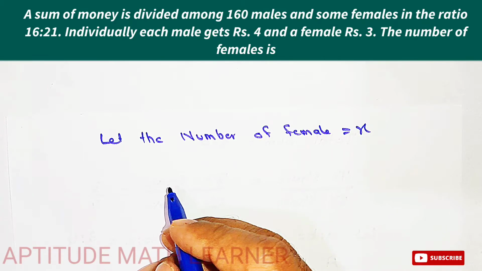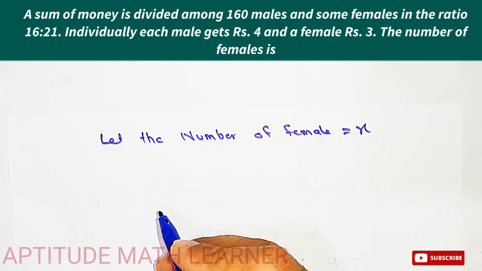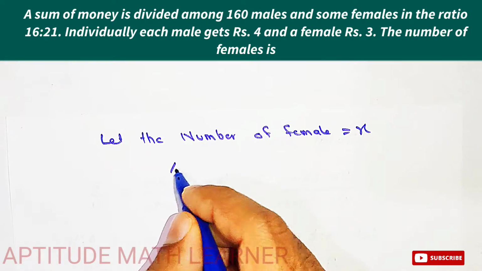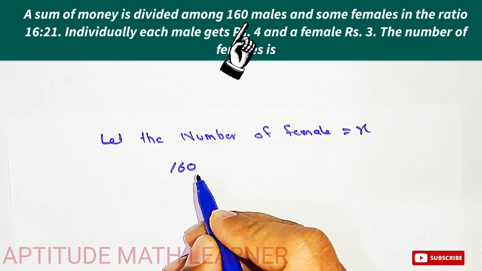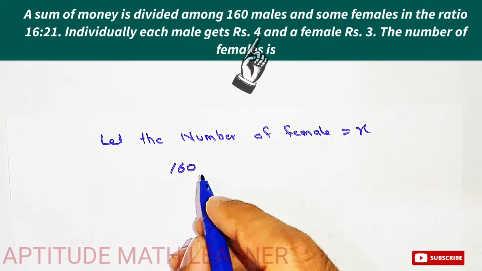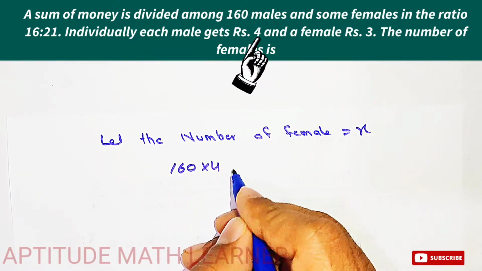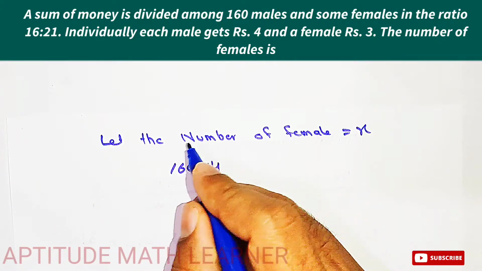we have the number of males and their total amount. So what will be the total amount of males? This is 160 and each one will get 4. So if we multiply it by 4, we will get the total number of rupees for the males.